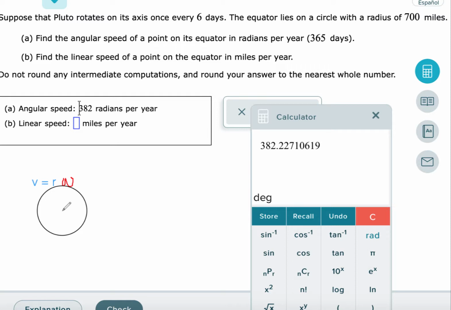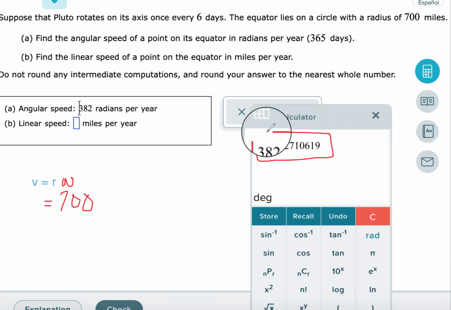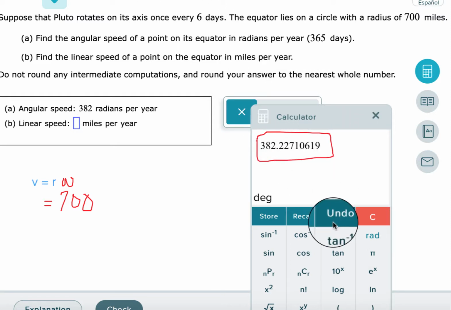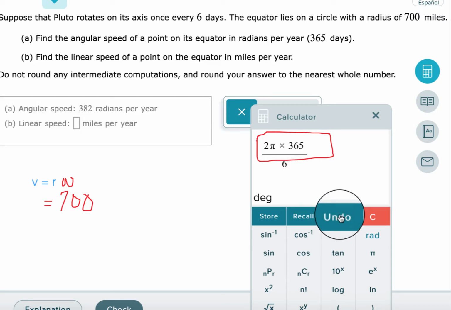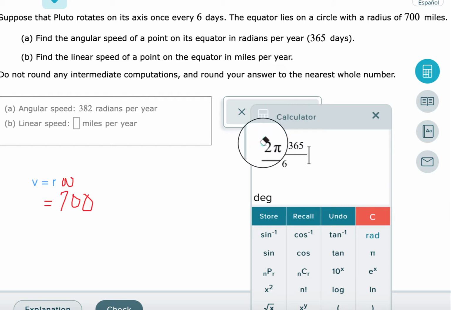All right, and so we know that R is 700 miles. And we know our omega is equal to, and that one there has intermediate computations. That's a computation. So I'd like to go back and put in the value without that intermediate computation. So I'm going to hit undo on the calculator. Pull out my eraser to get rid of this.